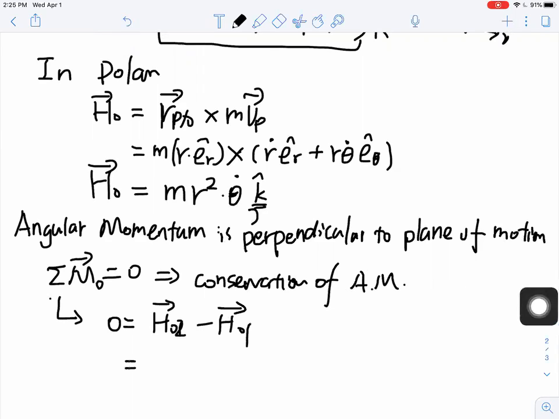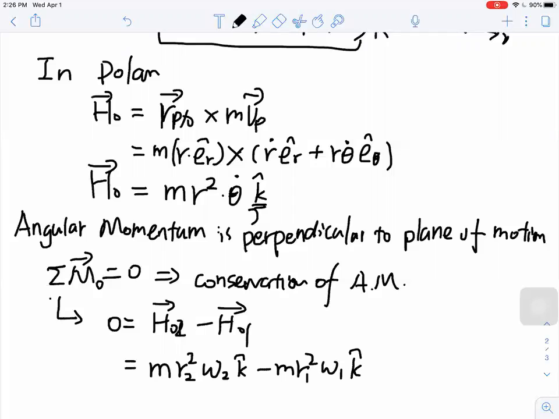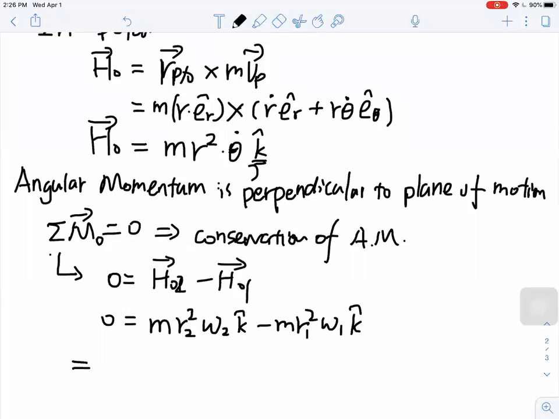So if we plug that in, m r squared, let's replace theta dot with omega: omega 2 in the k direction, minus r1 squared omega 1, where we call this r2, equals 0. This gives us information about how omega 1 and omega 2 change with the positions R1 and R2.